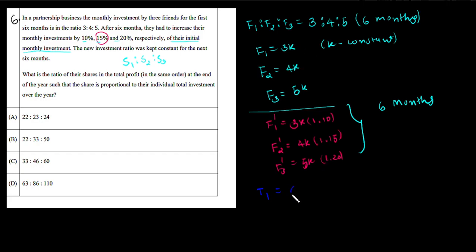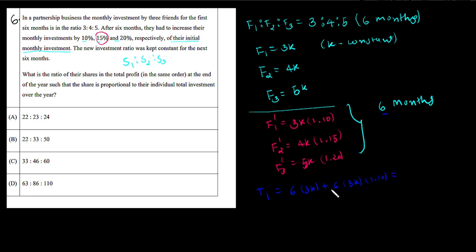So I can say 6 multiplied with 3k. In the same way this term is also going to be multiplied with 6, because it is again corresponding to the 6 months. So I can say 6 multiplied with this 3k, again multiplied with 1.10.